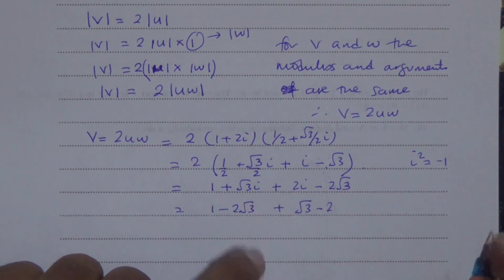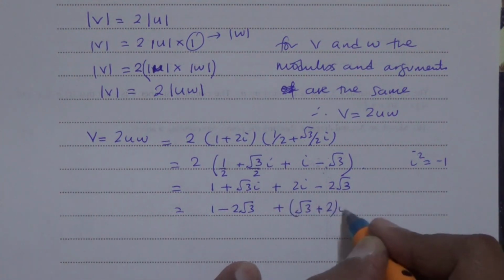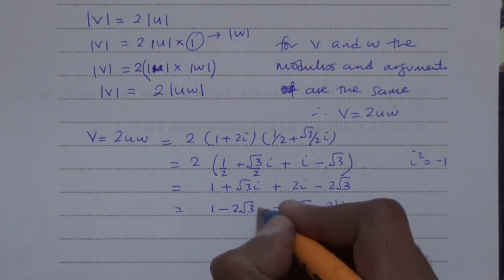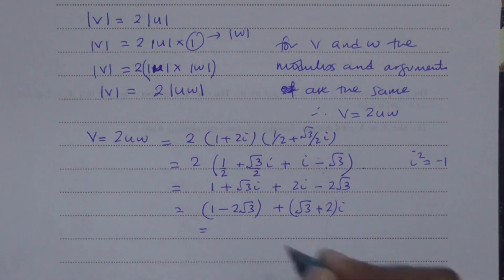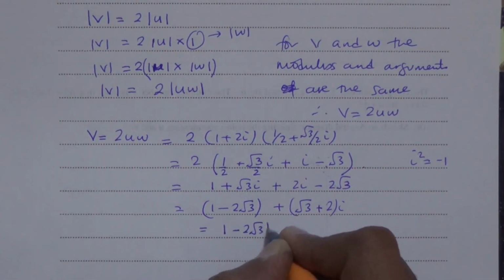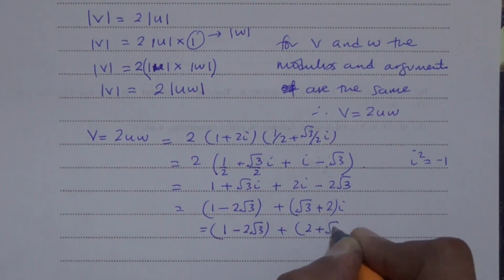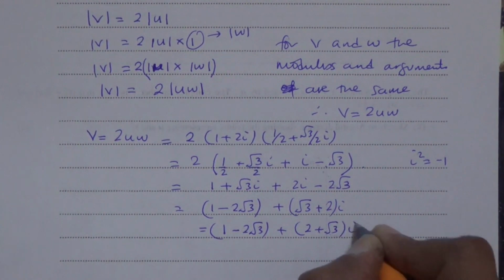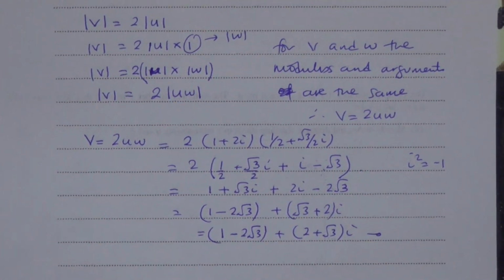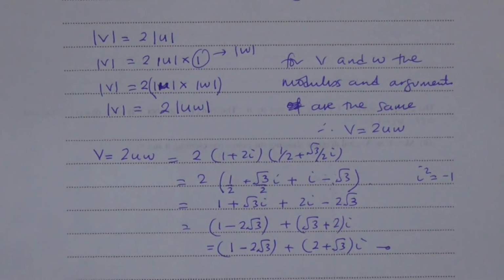So 2 plus root 3 times i. So here we go. You can say 1 minus 2 root 3, plus 2 plus root 3, i. And basically this is your answer. So here we go, that's the complete solution to this question on complex numbers.